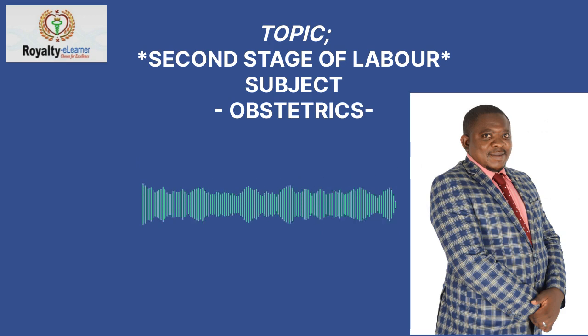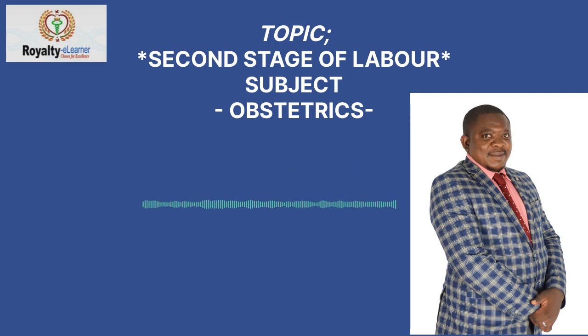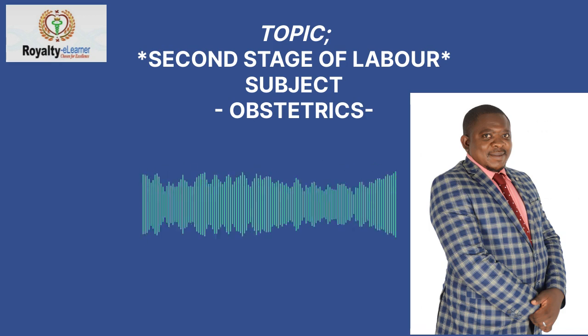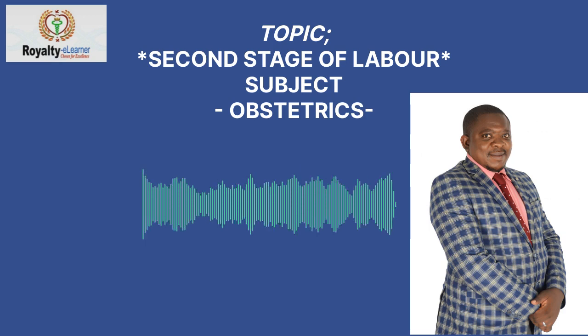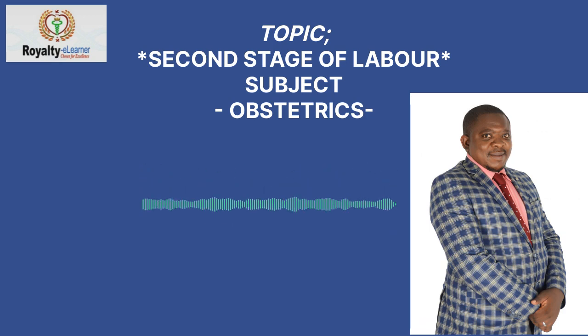So this is what happens within the physiology of the second stage of labor, which comprises contraction and retraction, then pelvic soft tissue displacement, and then the expulsion of the fetus and what follows.